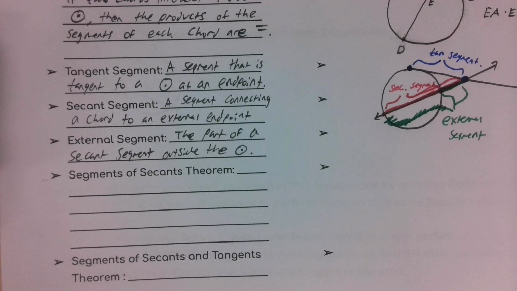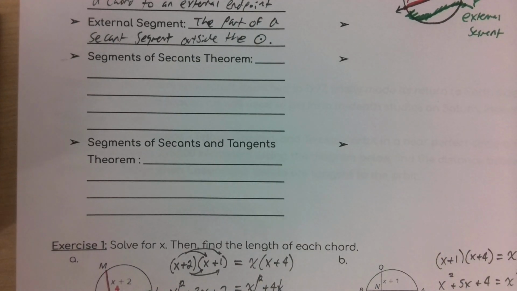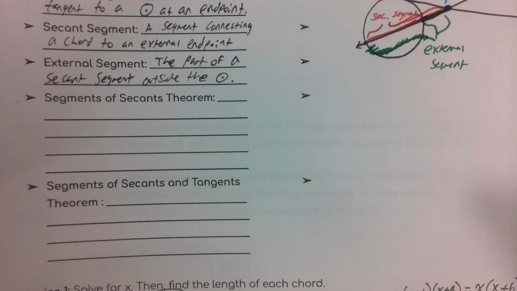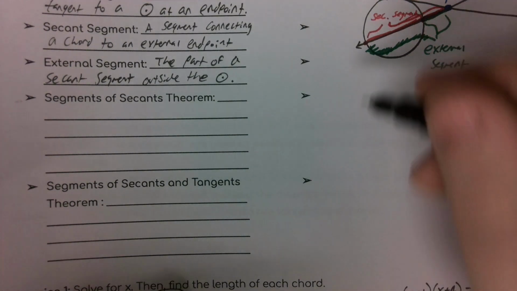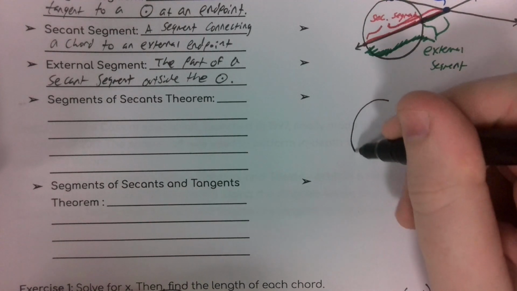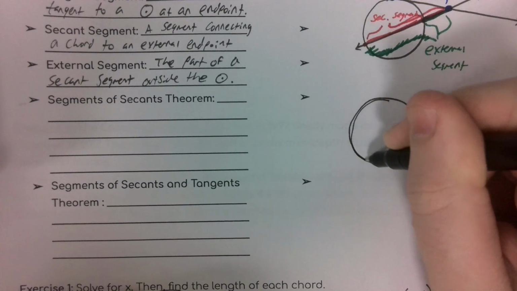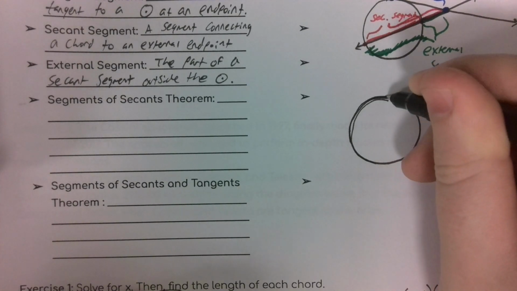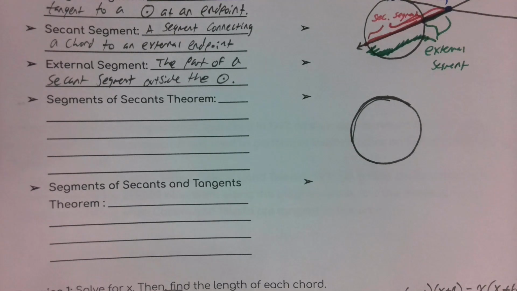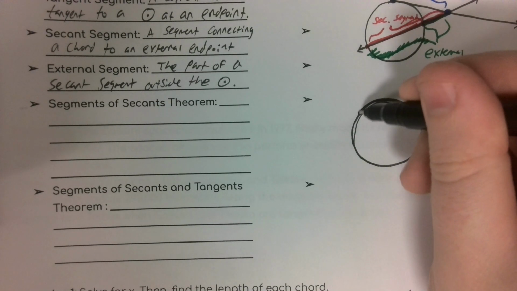Now that we've talked about tangent segments, secant segments, and external segments, we are now going to put them together with the segments of secants theorem. Let's do a diagram first, and then we will talk about the actual definition. So let's say I draw a diagram here, and I want to draw two secant segments that intersect outside of the circle. So I'm thinking of drawing something that looks like this.